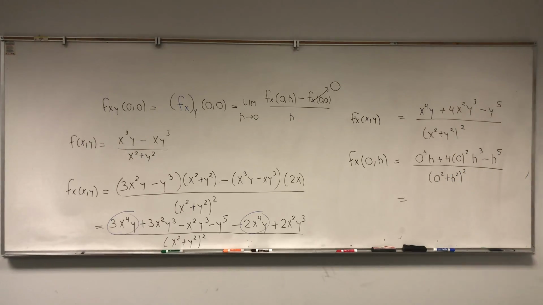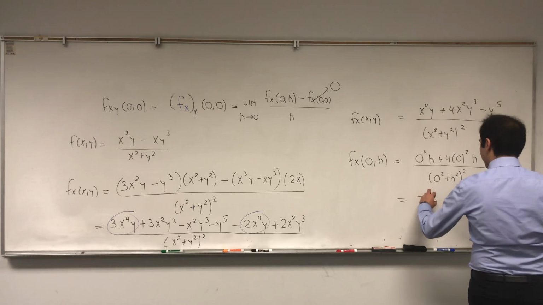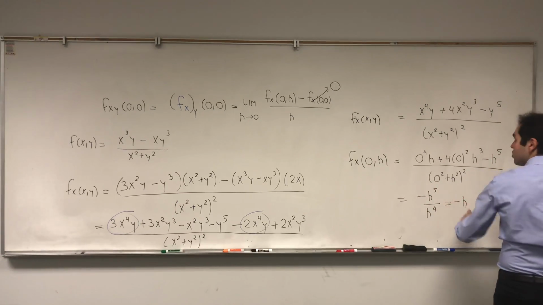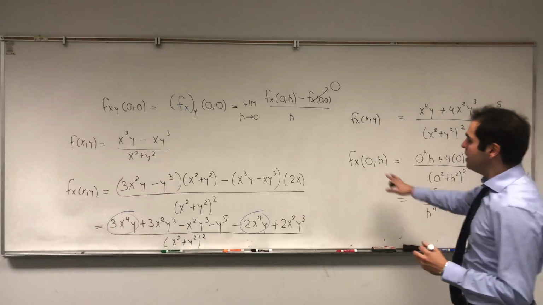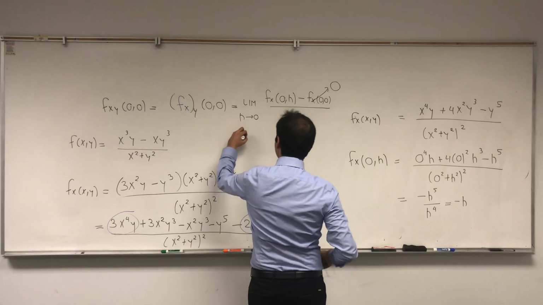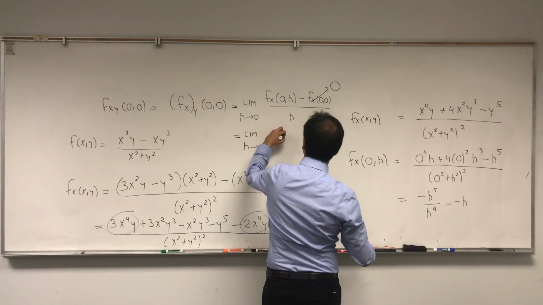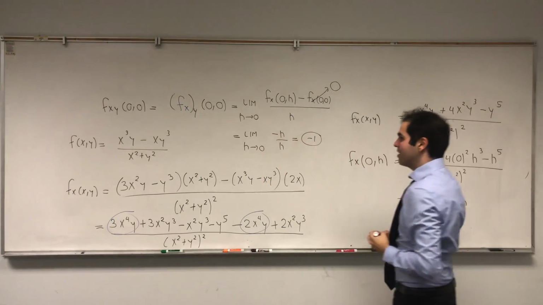And then what you're left with is 0, and then minus h to the 5th over h to the 4th, and that's minus h. All right, very good. So what does that mean? We can now plug this into this limit. The limit as h goes to 0 of (minus h minus 0) over h, and that's just minus 1.